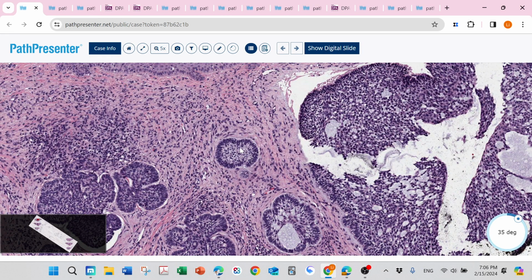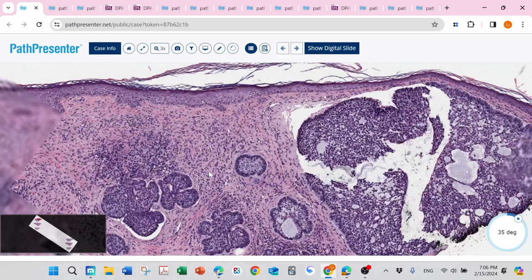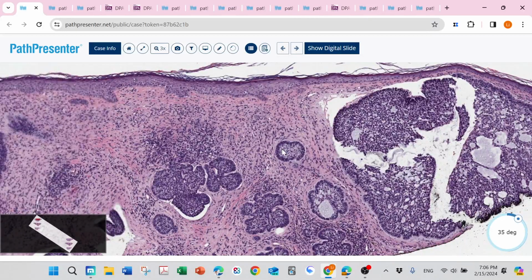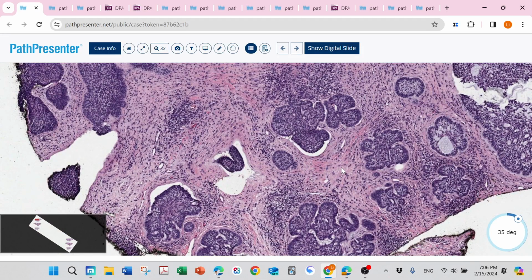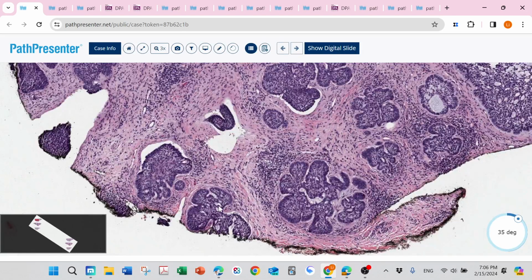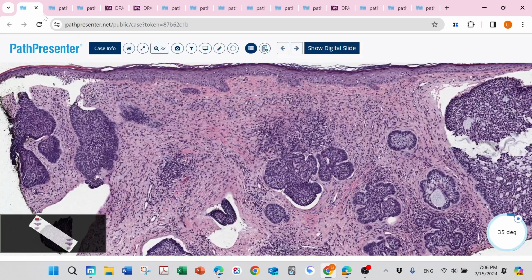And in classic basal cell carcinoma, we can see this palisading, hyperchromatic basaloid cell. So when you see retraction artifact, mucin between the nodule and the stroma, the stroma also bluish with mucin, and intracellular mucin like this, that is basal cell carcinoma.